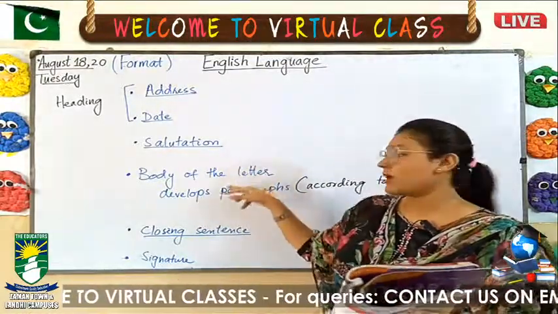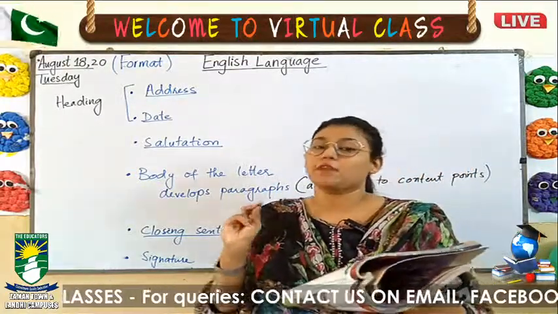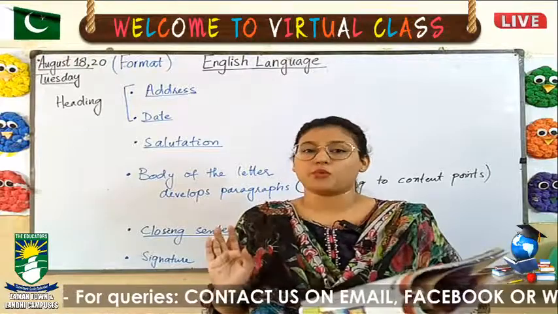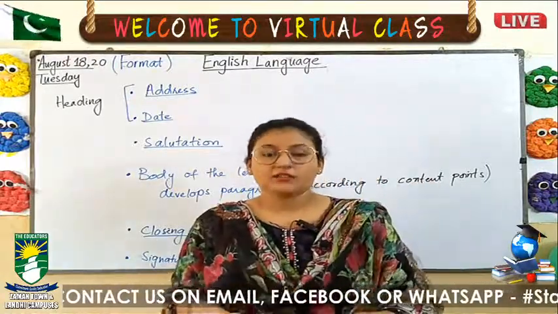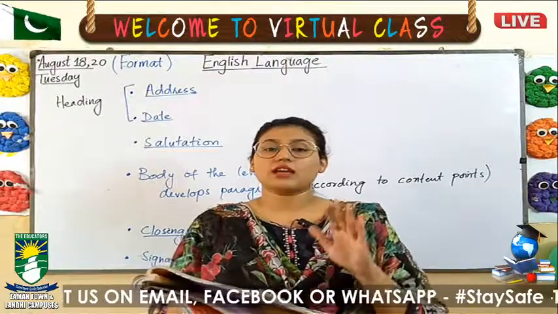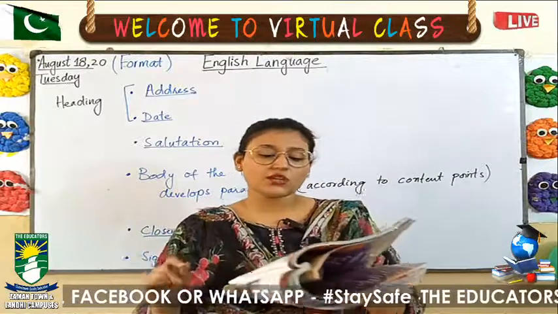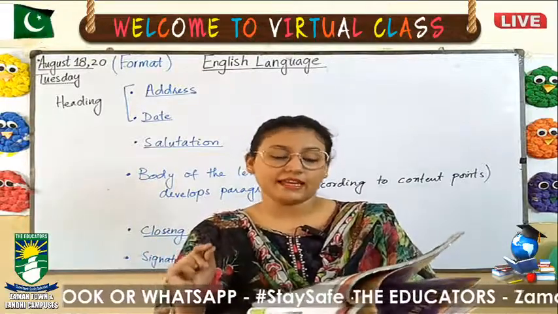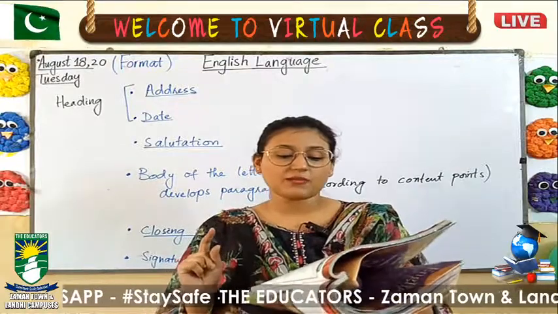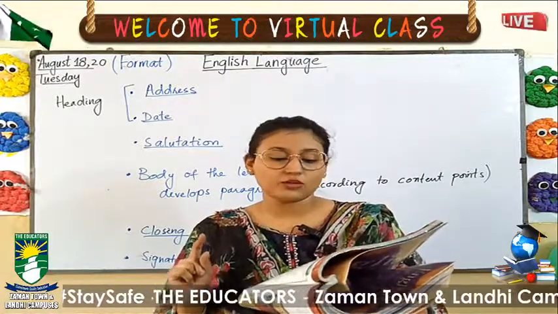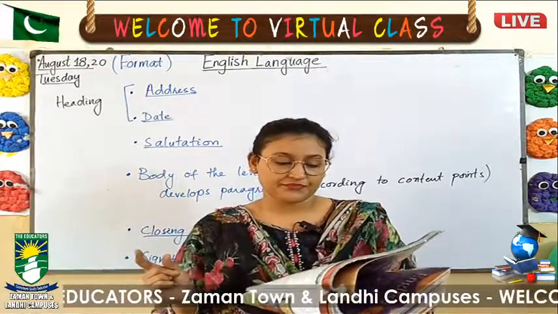Then after skipping one line, the body of the letter. There are 3 content points, so you have to develop 3 content points. They should be well written and detailed. Whatever is being asked in the content points, you have to describe. Describe the situation at home and your mother's illness. Second, describe the visit from the medicine man and include your feelings about how he behaved.